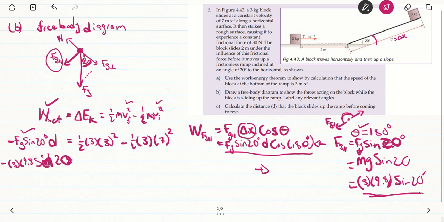20 degrees. Sine 20 degrees multiplied by d is equal to, and if you look at this side, this is 3 times 3 to the power 2, which is 3 to the power 3. 3 to the power 3 is 27, so we have 27 here over 2. And 7 times 7 is 49. 49 times 3, so we have 1 over 2, and 49 times 3 here.